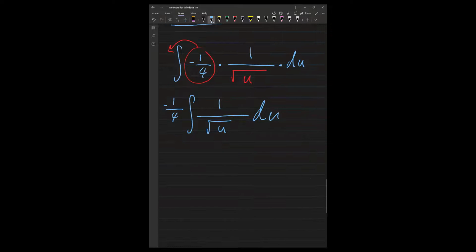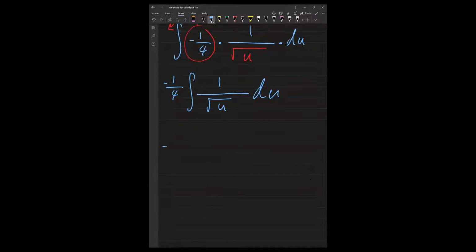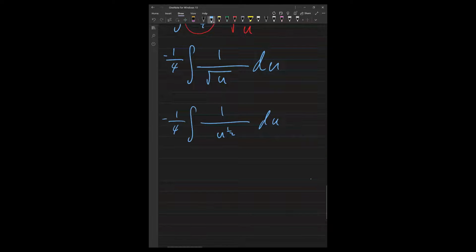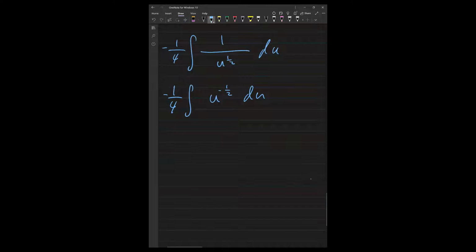We can make it even easier. We can raise this, so this is basically u to the 1/2 power du. We can bring this up and raise it to the negative 1/2 power du, which equals.